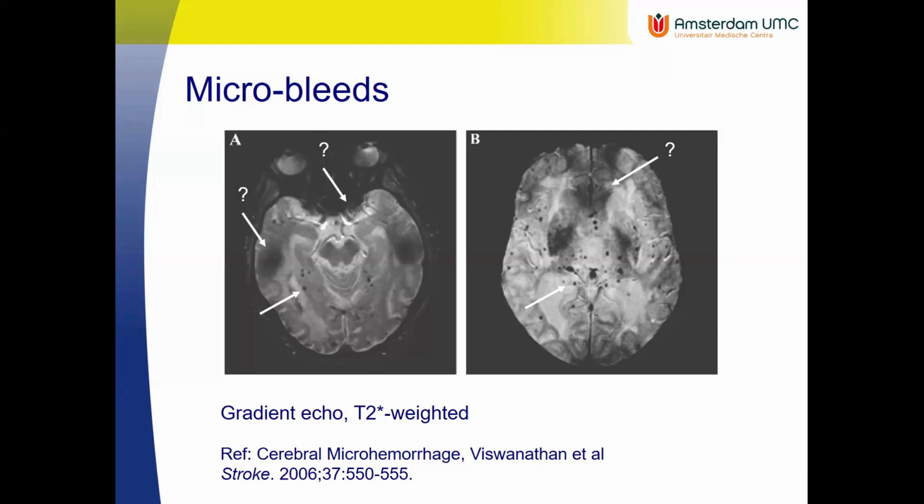And obviously there's a high concentration there of iron. And that makes a local disturbance, and that phenomena allows you to make the microbleedings visible on MRI. On the spin echo sequence, which is T2 weighted, you will not see the microbleeds. It will just not be visible at all.